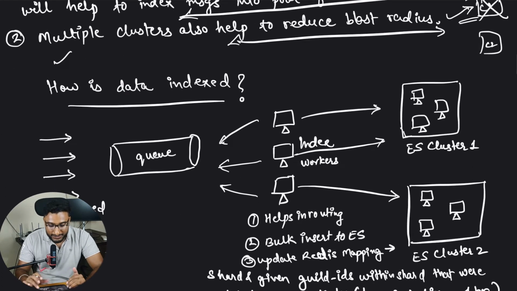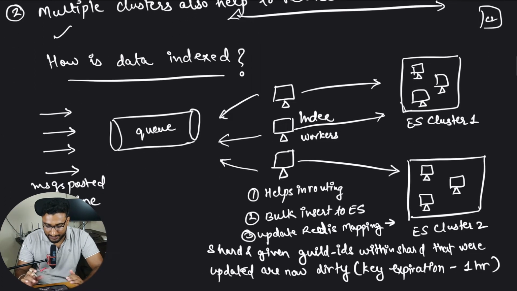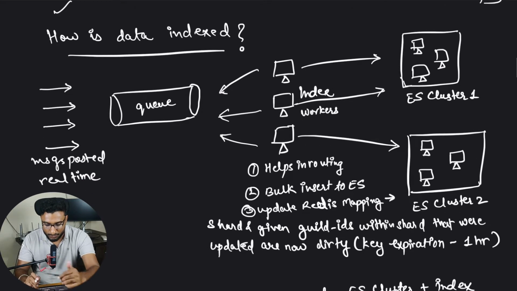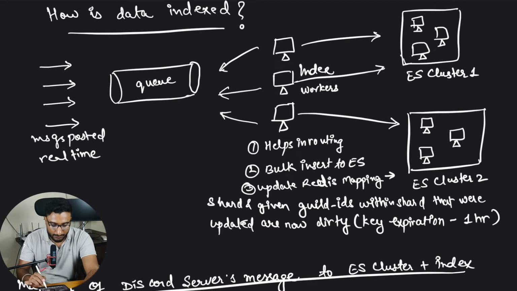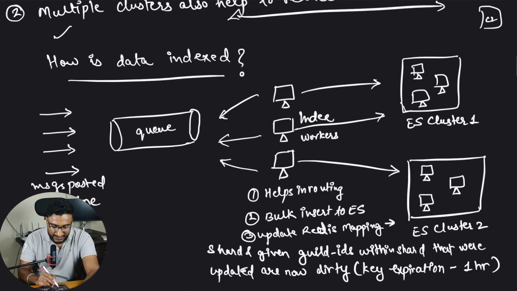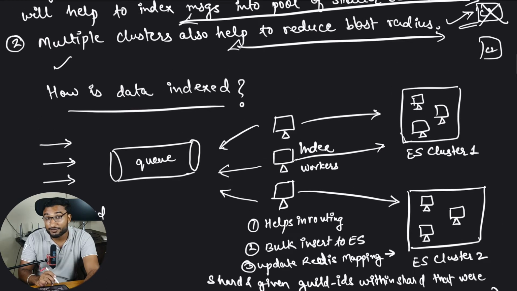Now, how is this data indexed? When the data comes to you, how is it indexed to the Elasticsearch cluster? We have more details following up, but let's quickly go through the diagram. This is how the data indexing will work.